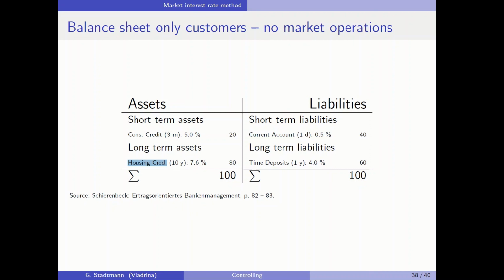A bank which is operating with real customers, so with private households or with companies, of course has to charge higher interest rates compared to a bank which is just operating at the money market. Look here at the asset side. For example, this bank, which has some customers, is able to receive 5% for a 3-month product.